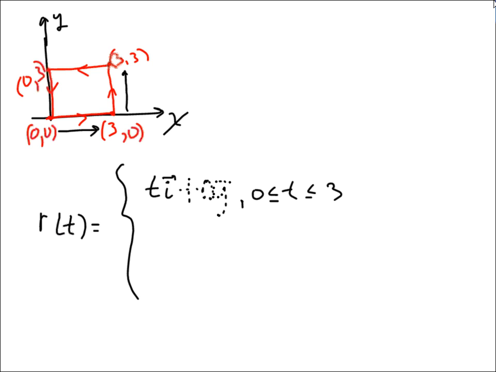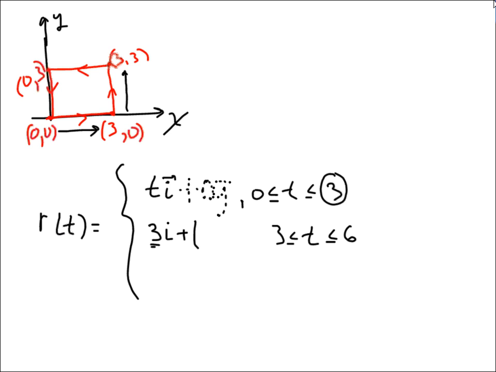Okay, now we're going up. y is changing, x is always 3. That is, it's going to be 3i. Now since y is going up a distance of 3, I'm going to say t goes from 3 to 6. x is always 3.